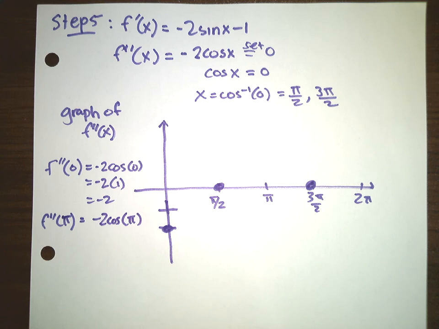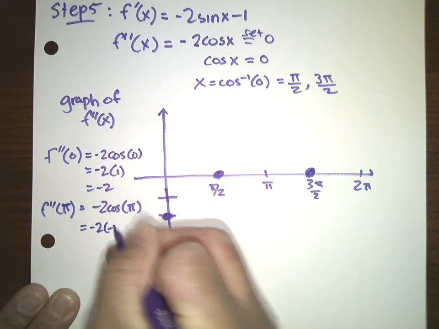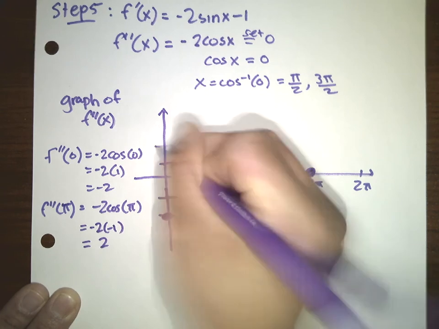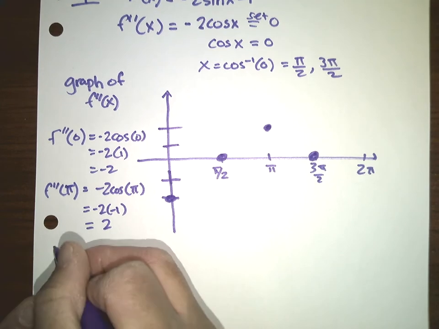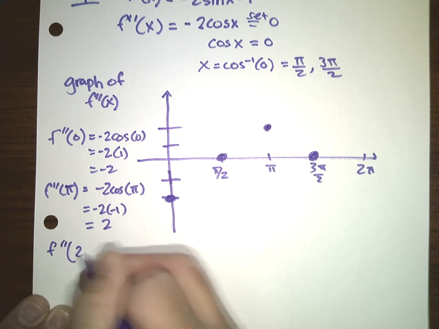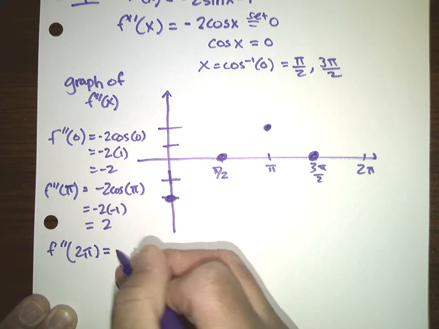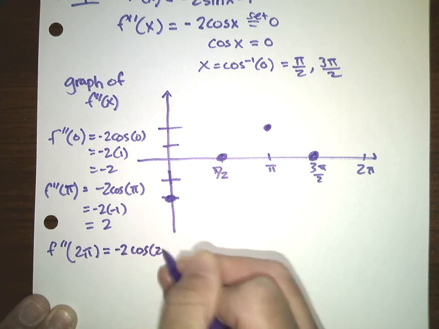Hopefully you can see what is going on here: at pi, this is negative 2 times negative 1, which is 2. And then at f double prime of 2 pi, we have negative 2 cosine of 2 pi.